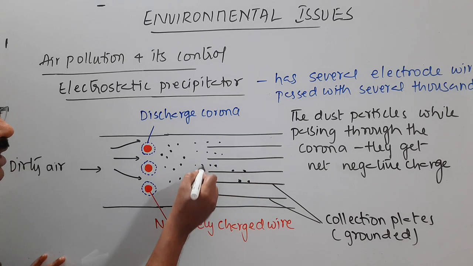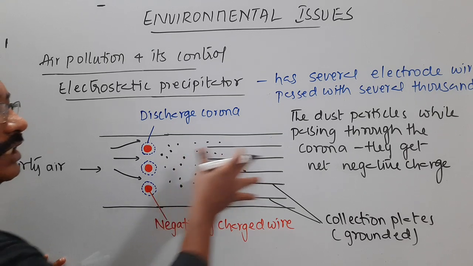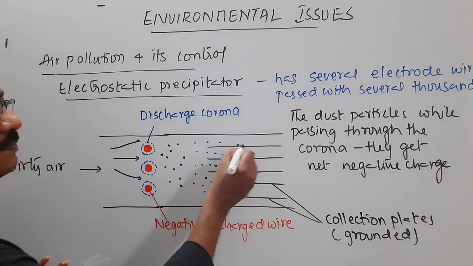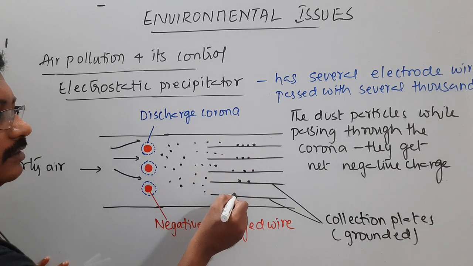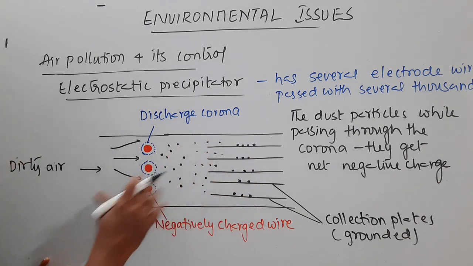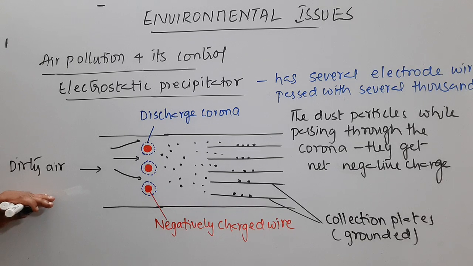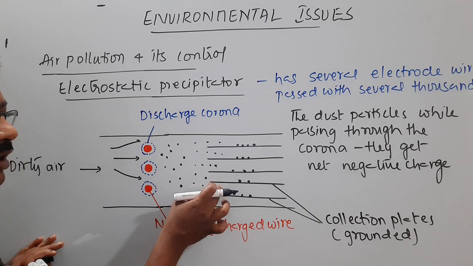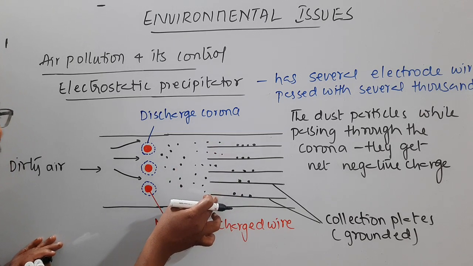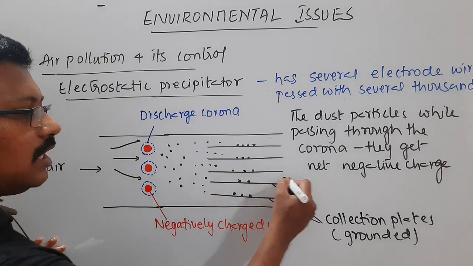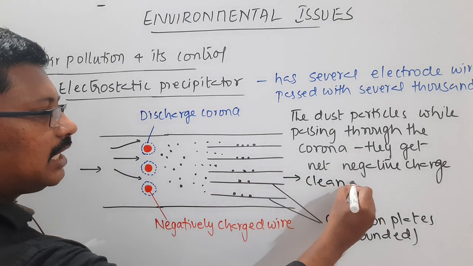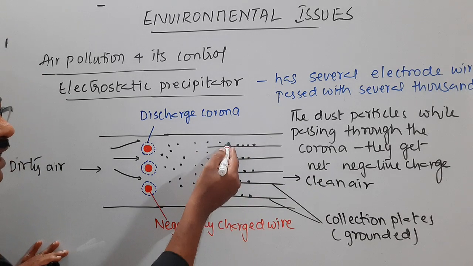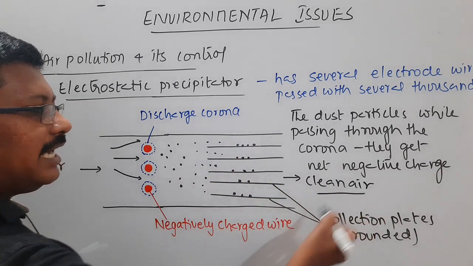Whatever particulate matter is present in the air will get collected on these grounded plates. What comes out is clean air, because all those particles get attached to these collection plates, and finally you get clean air.